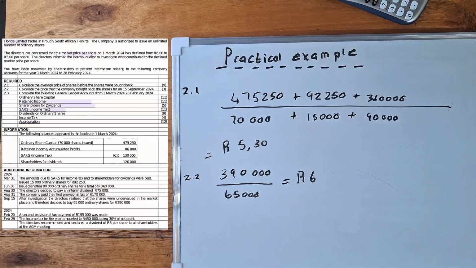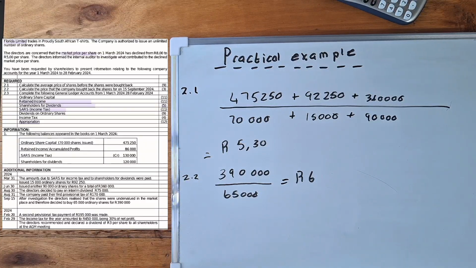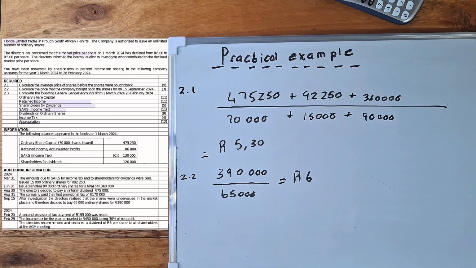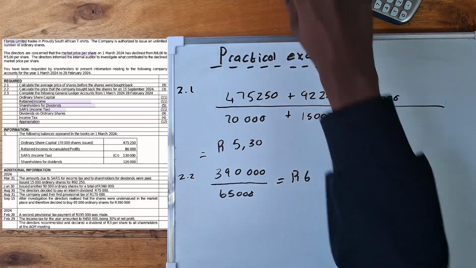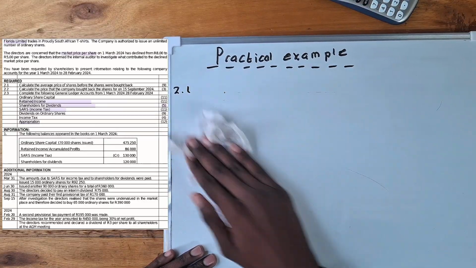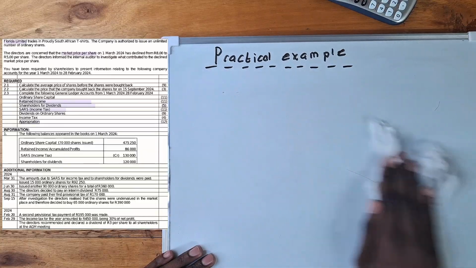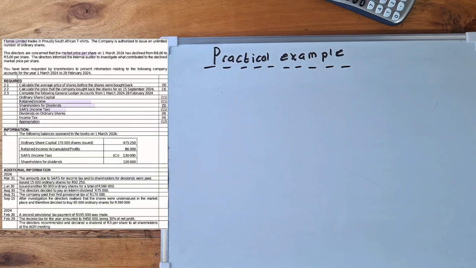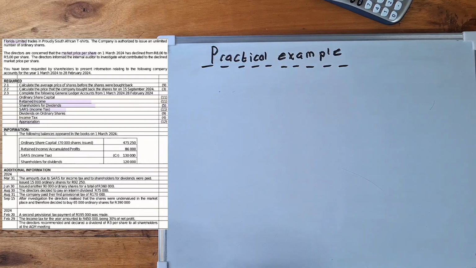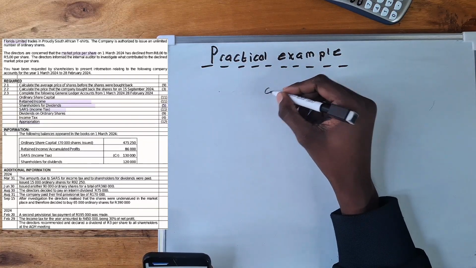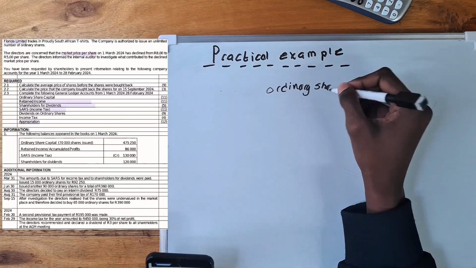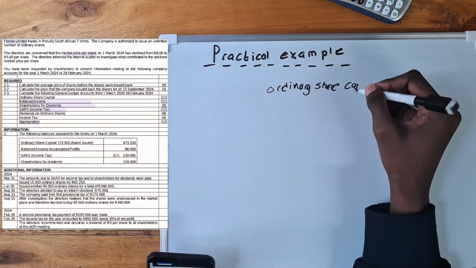So moving on, we now move on to the main focus of today's episode, which is the ledger accounts. The first ledger account that we are supposed to create here is for the ordinary share capital, right?